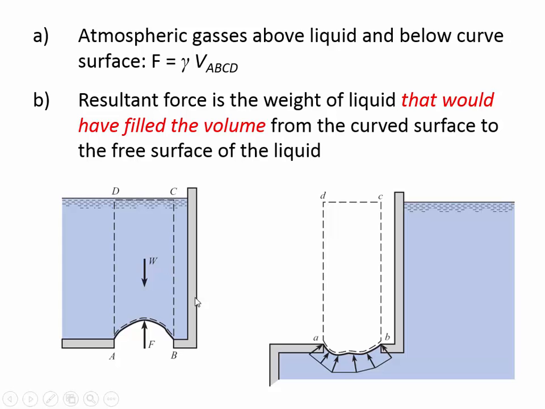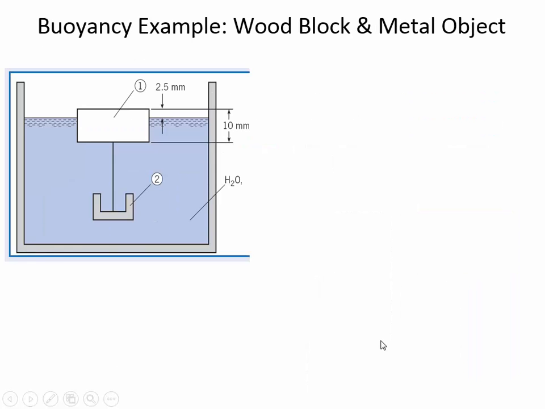And by the same token, you can find out the force that you need to push down on this gate because it's equal to the weight of the water that would be above it. It's pushing water out of the way, essentially. This gate is preventing the water from rising to this level. And so the overall force required to hold it steady is equal to the weight of water that it's displaced.